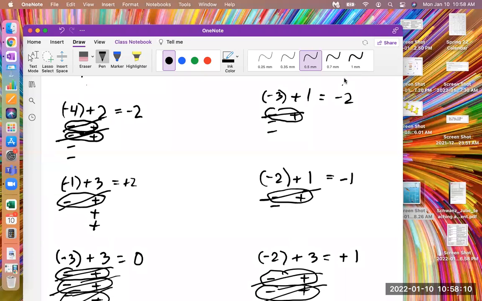And really, if you were to explain to somebody else, and you didn't want them to have to draw the pictures, how would you explain to them how to add integers?